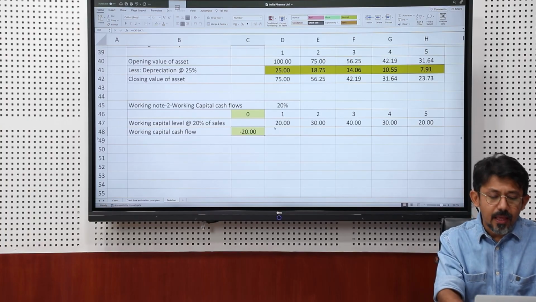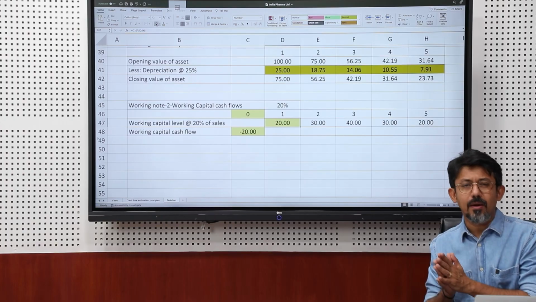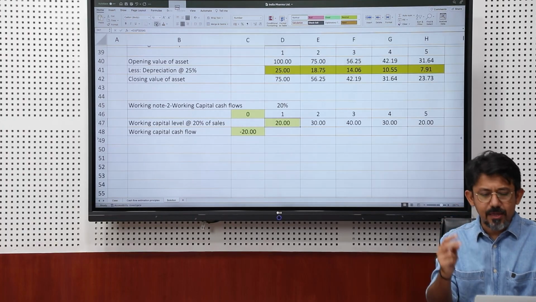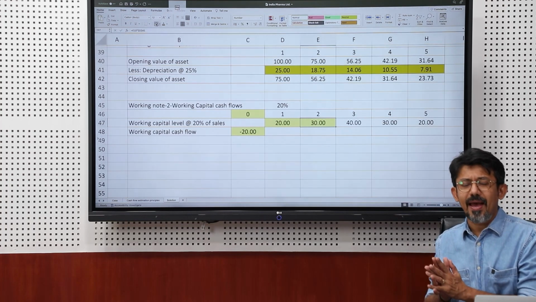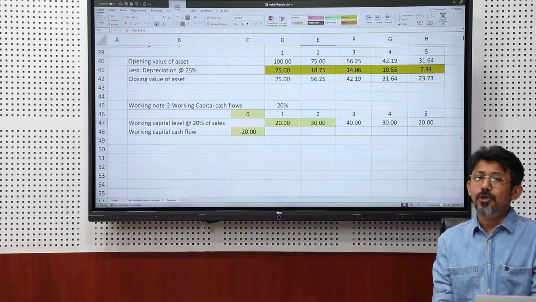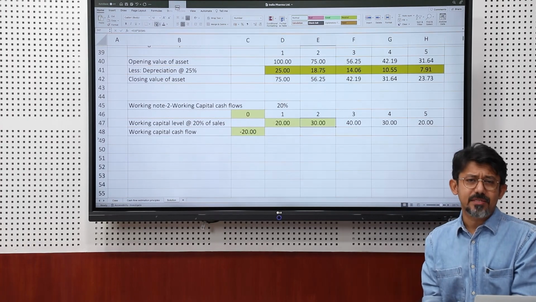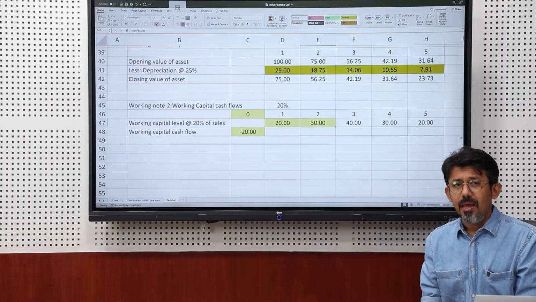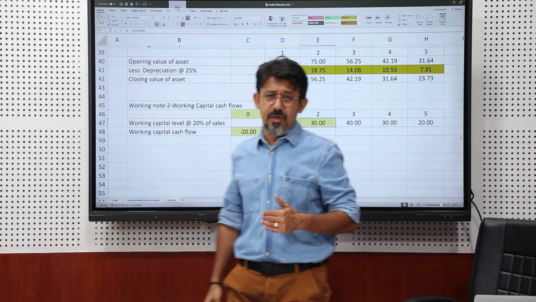Now, when I say that the working capital level in year 1 is 20 million and I need 30 million as working capital level in year 2, how much do I invest in year 1 in order to get to a working capital level of 30 million?